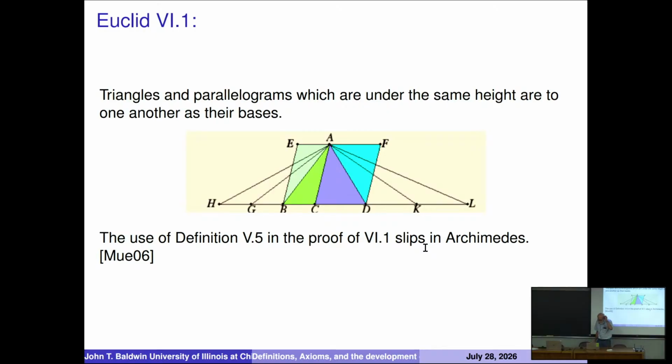Now, the 6.1 is the theorem that triangles and parallelograms which are under the same height are to each other as their bases. So we knew that two triangles with the same base have equal area, and that we proved in 1.35.